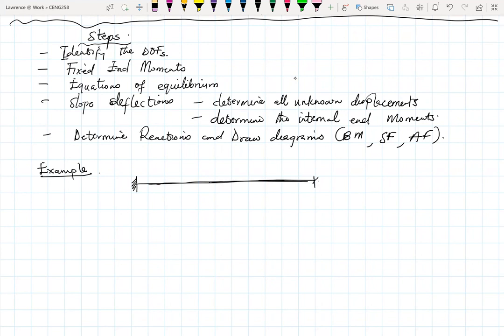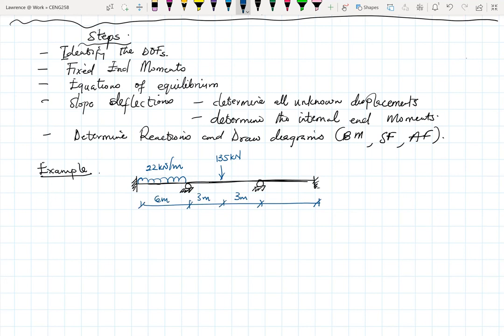So let's say we have this right here. The distributed load is 22 kilonewtons per meter. Then I have a point load right there in the middle, 135 kilonewtons. So these are my 6 meters, 3 meters, 3 meters.